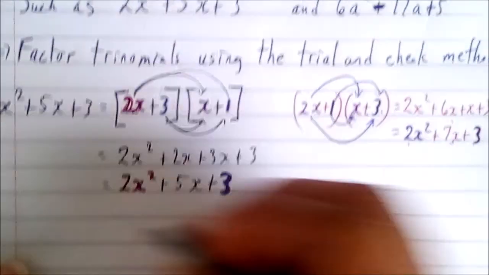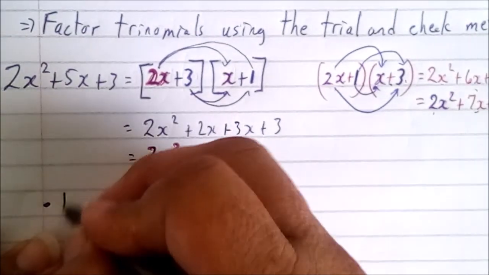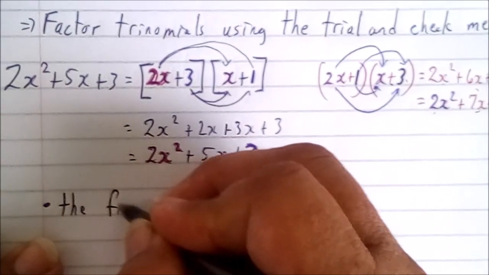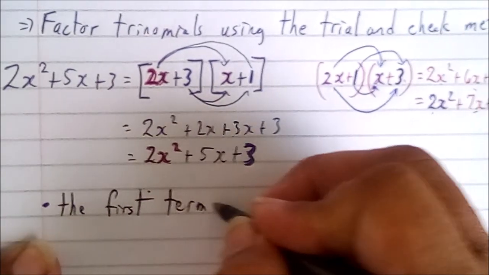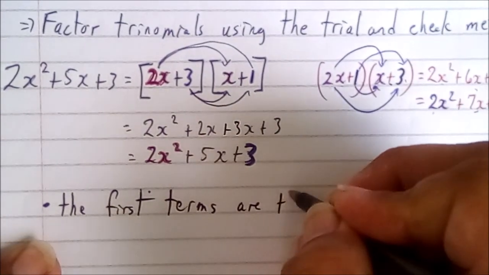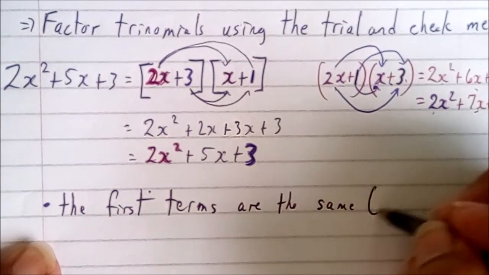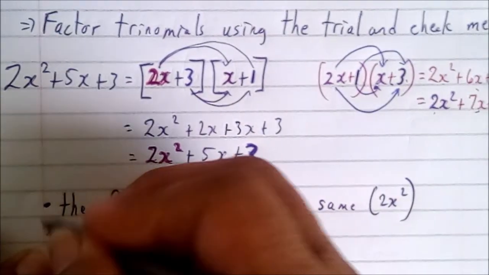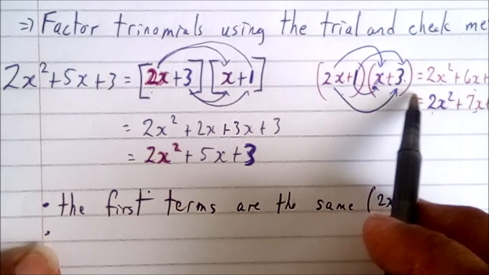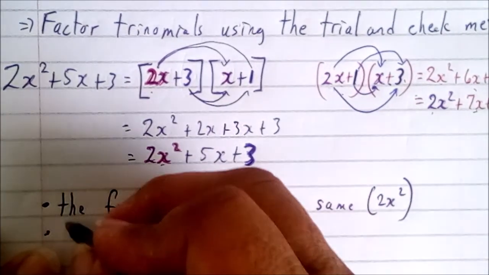So key observations, and I want you to note this. The key observations are the first terms are the same. In this case we call it 2x squared. I'm not saying that everyone will have 2x squared. I'm just saying that no matter what, whenever we have them in brackets, the first term will be the first two terms being multiplied.